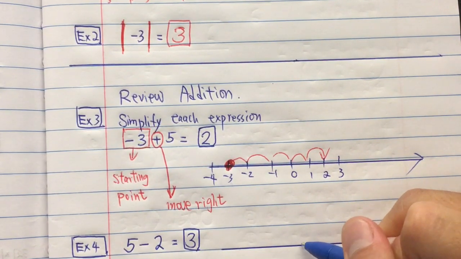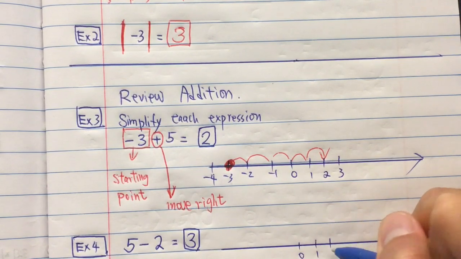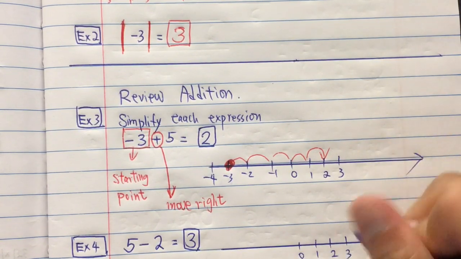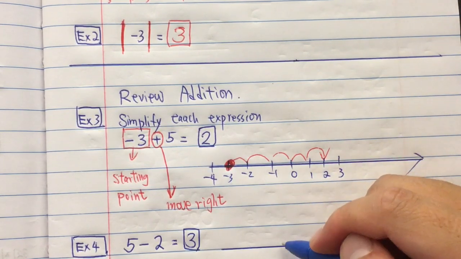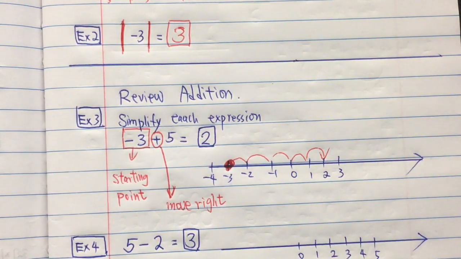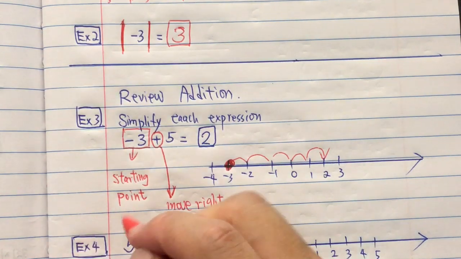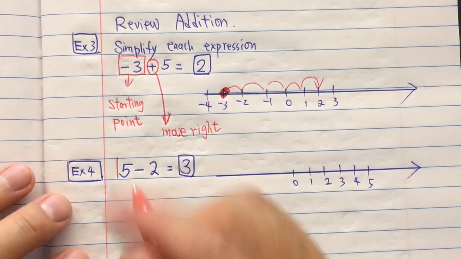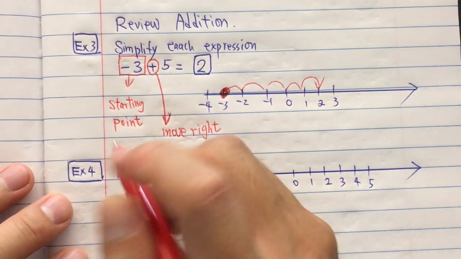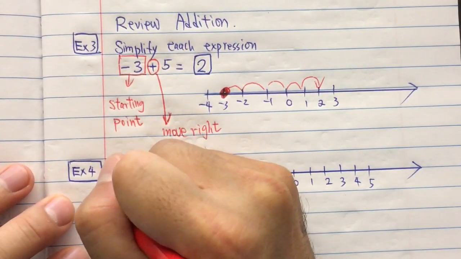Okay, so again, 0 here, 1, 2, 3, 4, 5. And now again, 5 is the starting point.